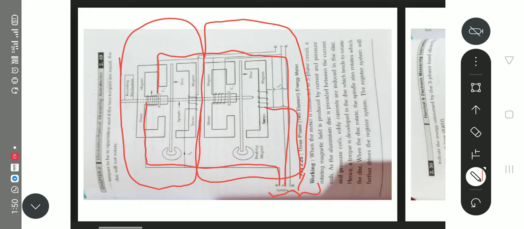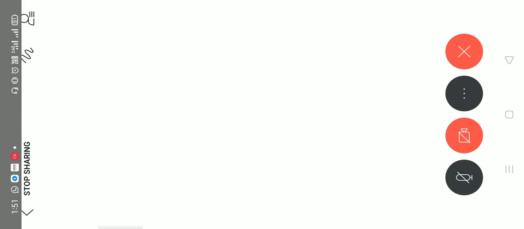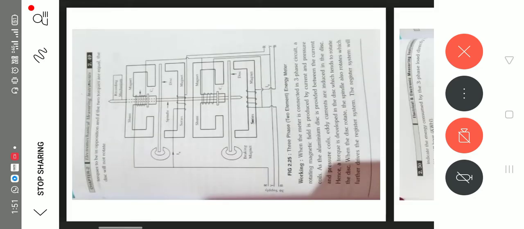Same way on the other meter, the pressure coil is R to Y, and the current coil secondary is taken as B on the load side. This is the construction.